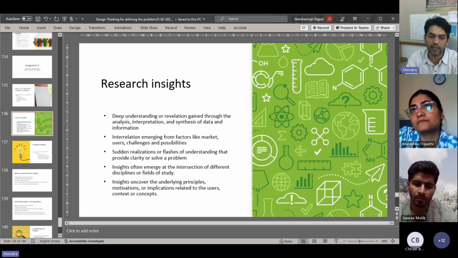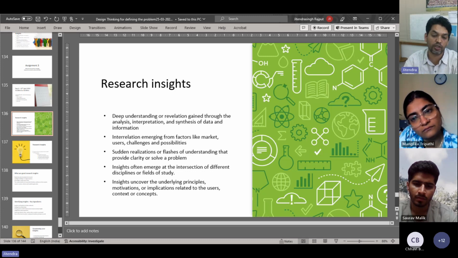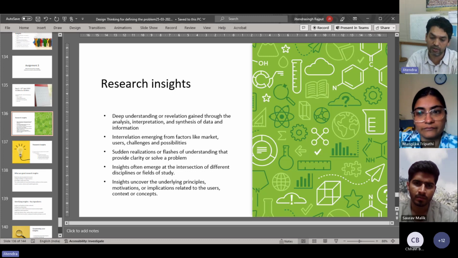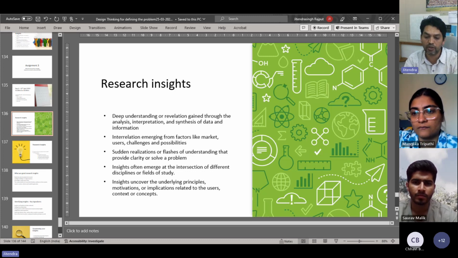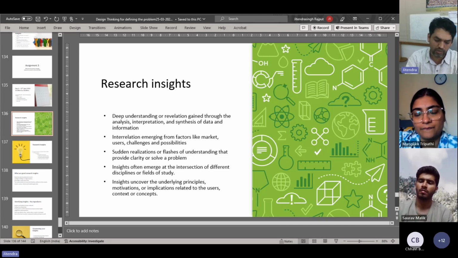Yeah. Insights often emerge at the intersection of multiple disciplines. So sometimes marketing people looking into the technology domain realize, okay, this technology can be used in these areas because they have an idea of how technology can be adopted in some other domain where technologists have never been able to see the market and understand. So many times it happens.